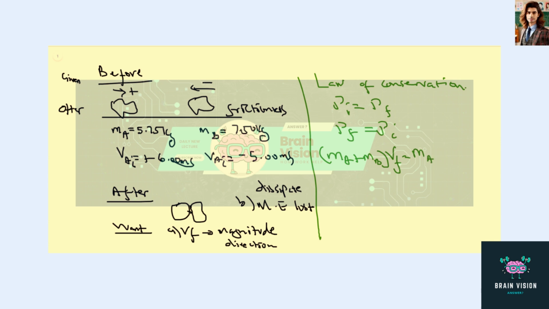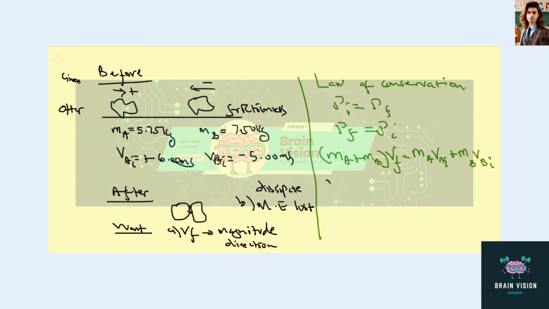The initial momentum of otter A is MA VAI, and that of the second otter is MB VBI. I think we do have to change this to BI just to make sure we have the same naming convention that's consistent.